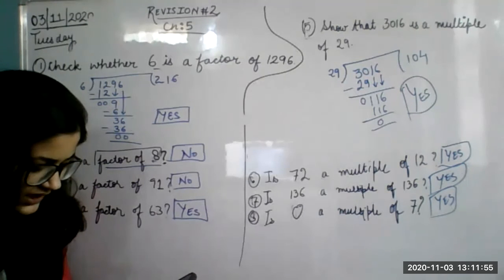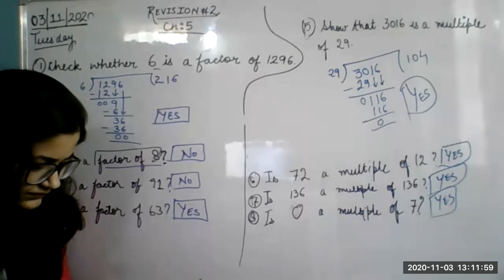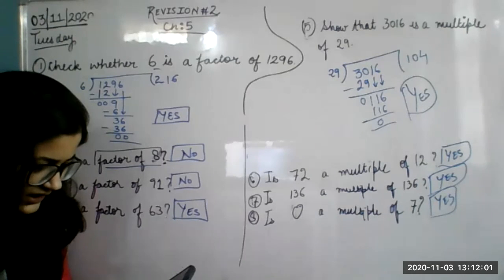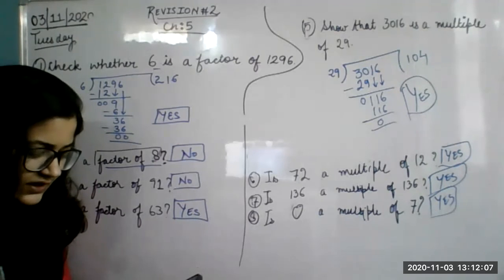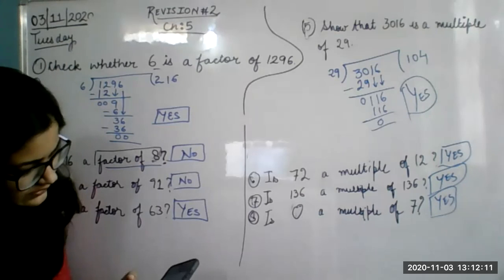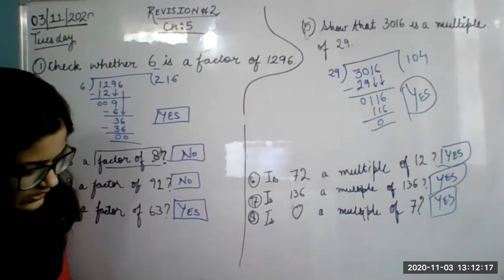I'm unable to see your answers, Harsh, what you have written on the other side. Advika, improve your handwriting, beta. You will do this page again, Advika. Your handwriting must be improved. Okay, who is this? Riddhi, good.